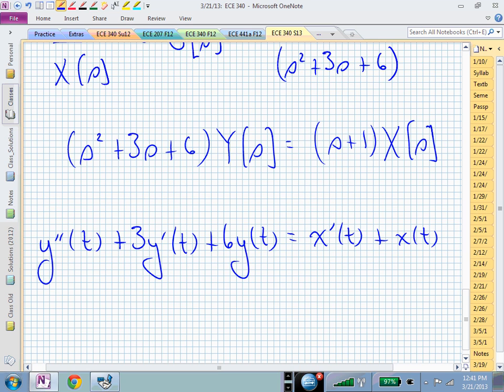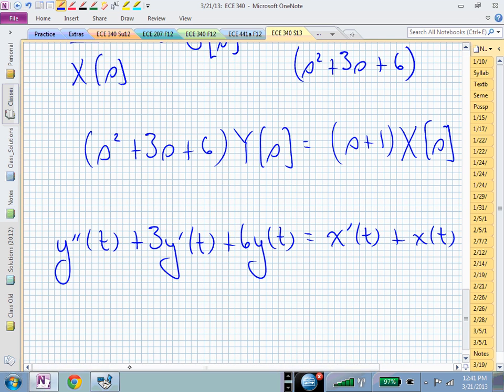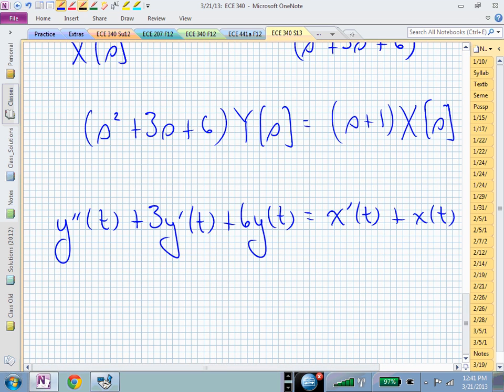Now what we want to do is rewrite this, first by solving for the highest derivative of the output, putting it on one side and everything else on the right side.